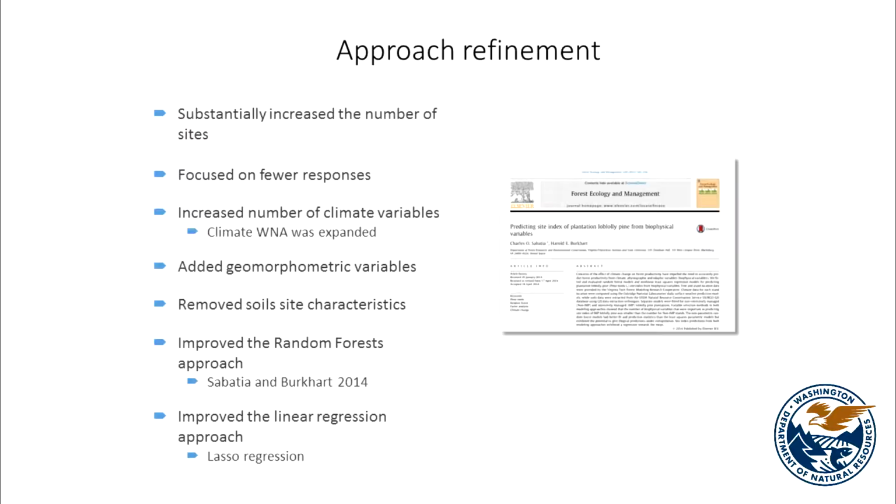We had to make the decision to remove the soil site characteristics because there were some problems that we ran into with the NRCS data that we just couldn't quite get past. And then a few papers came out with different analytical techniques that were very applicable to our project, and so we were able to improve both our random forest and our linear regression approaches.